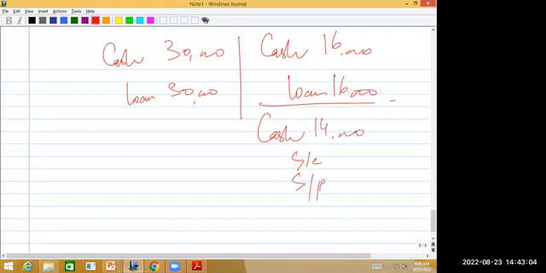So actually they need to record 16 million in the loan account and the remaining 14 million in the equity section. But what they have done, they have recorded the whole amount as a liability.